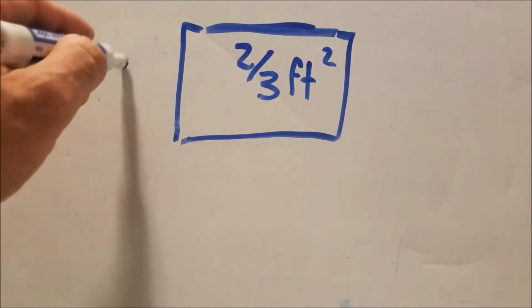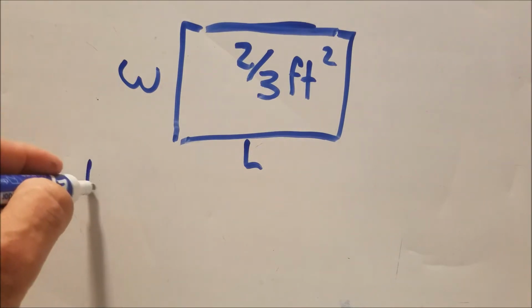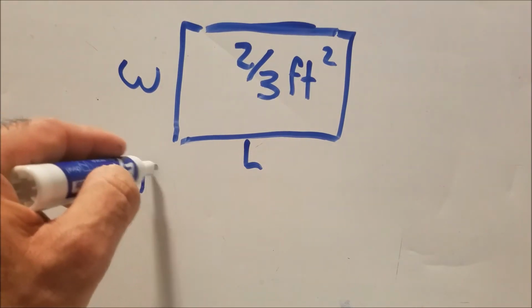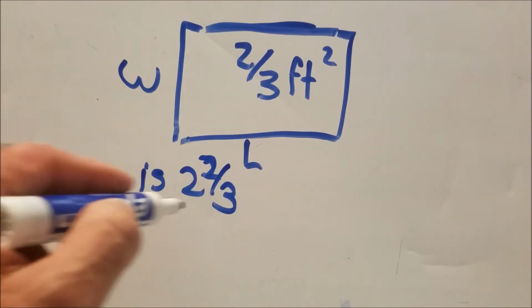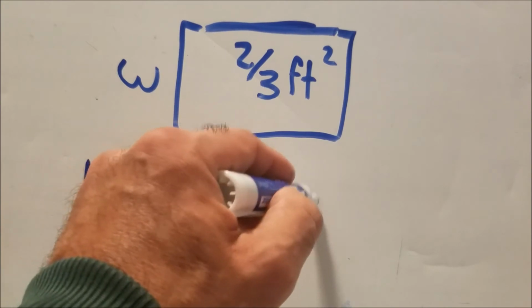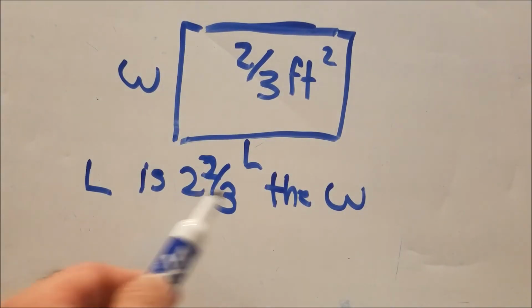We want to know the width and the length that give us 2/3 feet squared. Now let's say they gave you a condition to find this. Let's say that the length, L, is 2 2/3 times the W. What's W? The width. So the length is 2 2/3 times the width. It's greater.